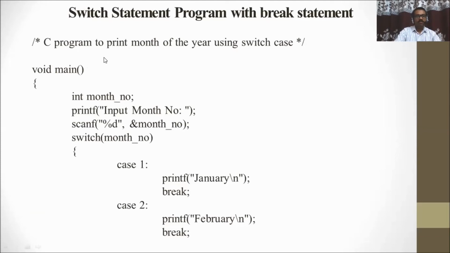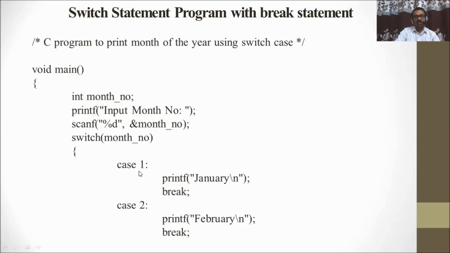This program prints the month of the year using switch case, so whichever month we want, it will print. Here we take int month number, and printf asks for the input month number. This message will display after we compile and run the program. It asks us to input a month number. Suppose we enter 1 or 2, the value is stored in month number, and the switch goes to the particular case that matches.